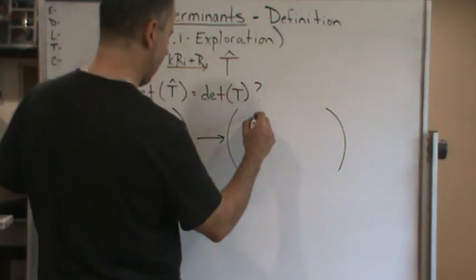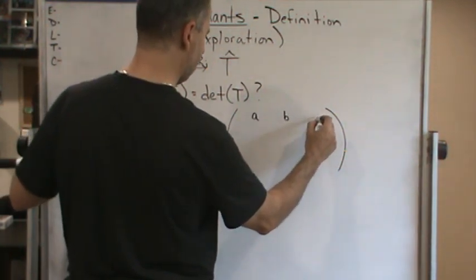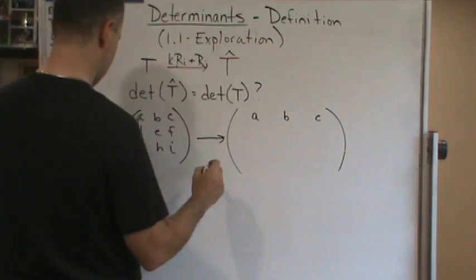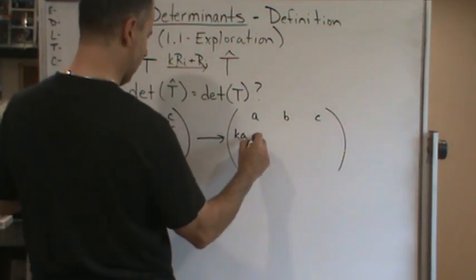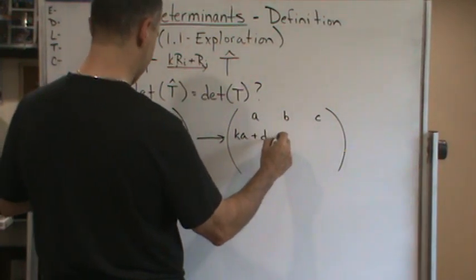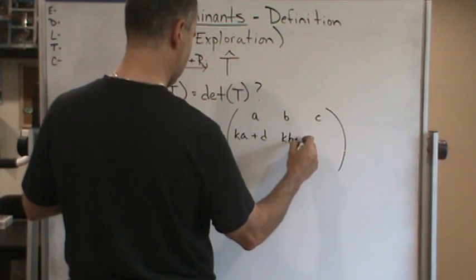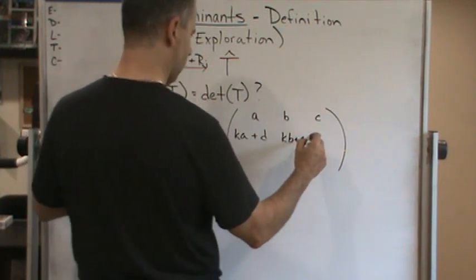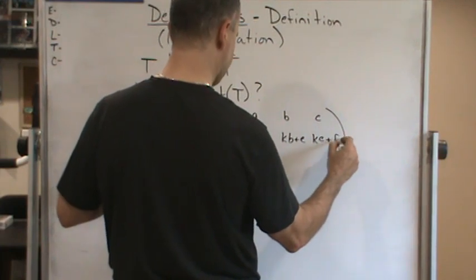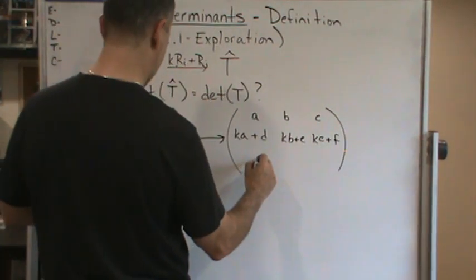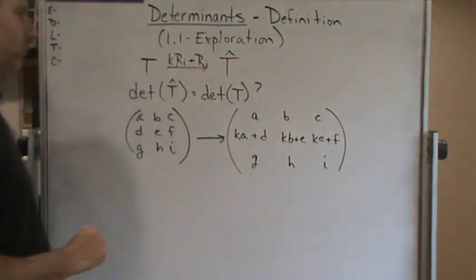So we've got A, B, and C, and then this will become KA plus D, KB plus E, and KC plus F, and of course the last row is unchanged, so we get G, H, and I.